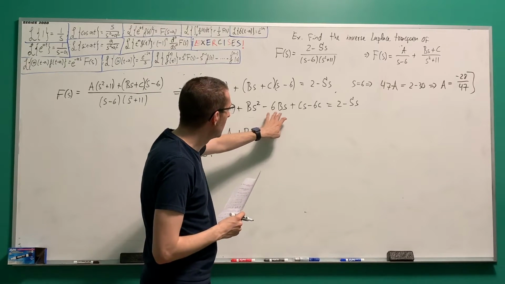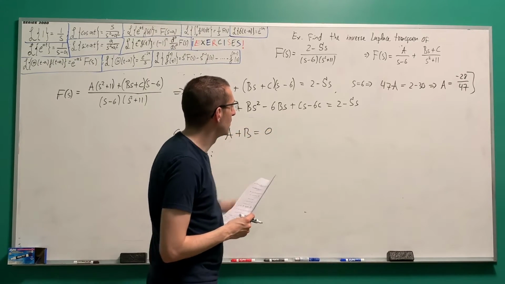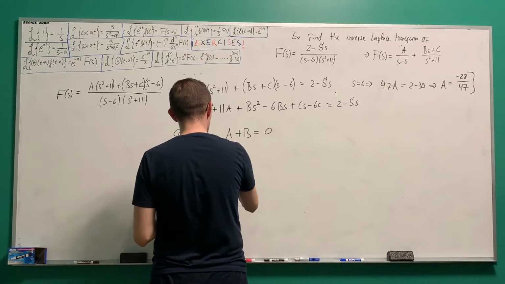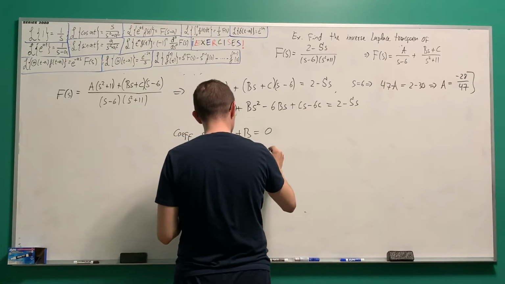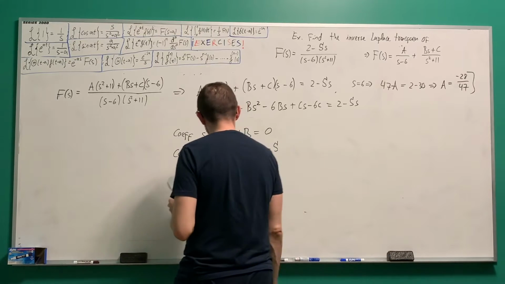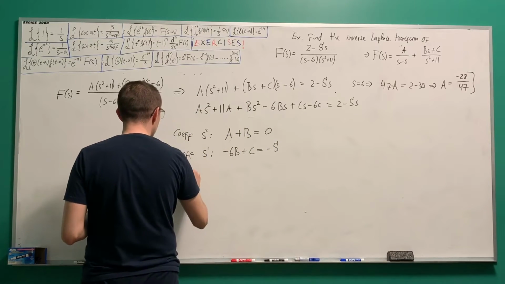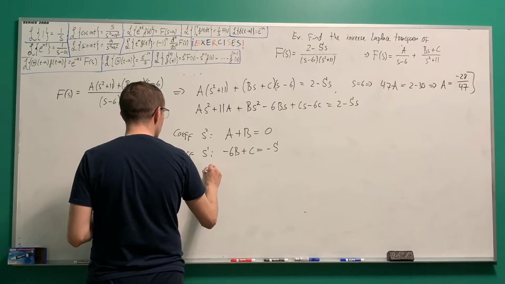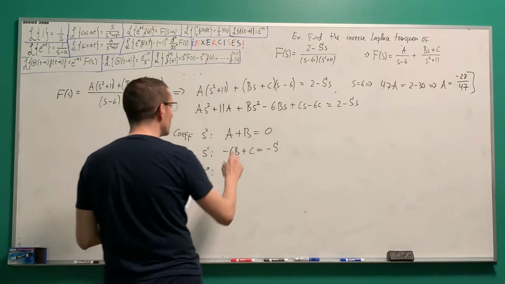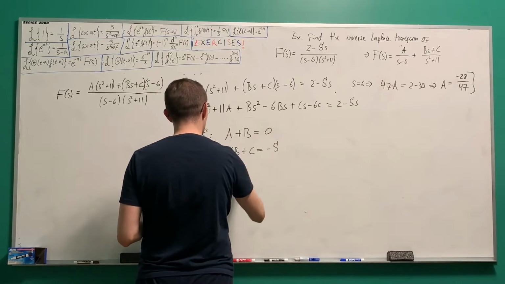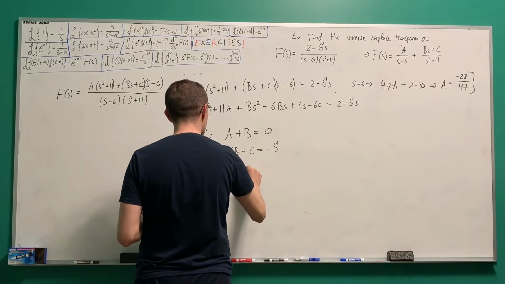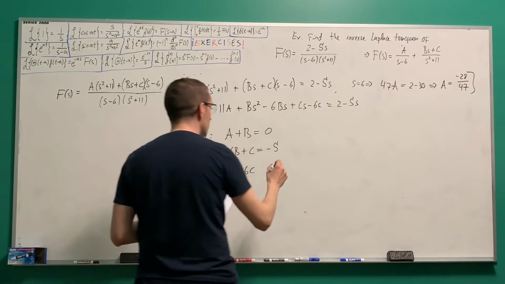I have minus 6B, I have plus C on the left, so minus 6B plus C, and on the right, minus 5. And then finally, the independent terms, the coefficients of s to the 0. That gives me 11A on the left minus 6C, so 11A minus 6C, and on the right 2.